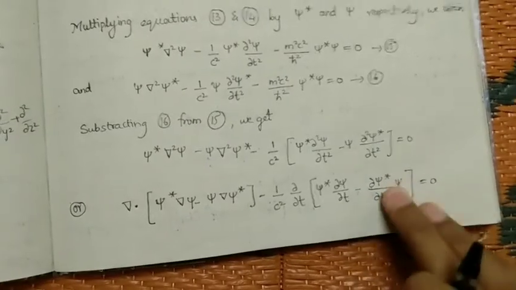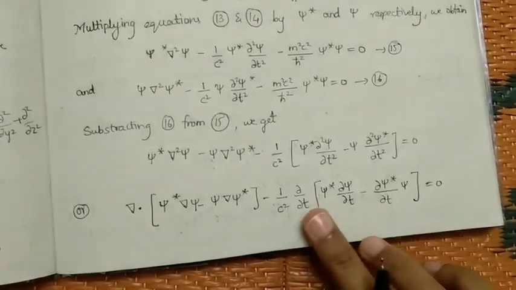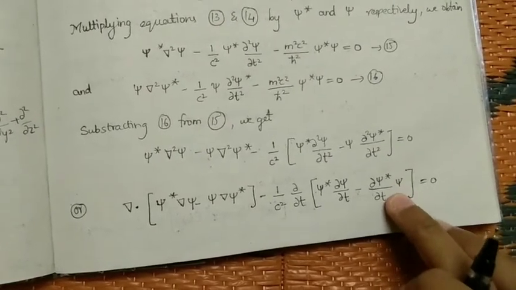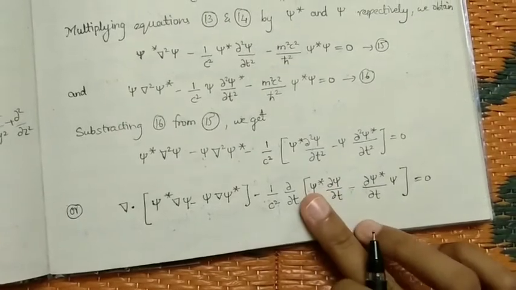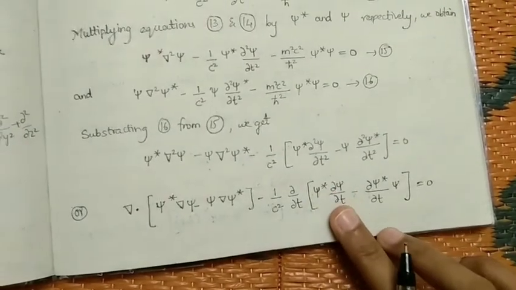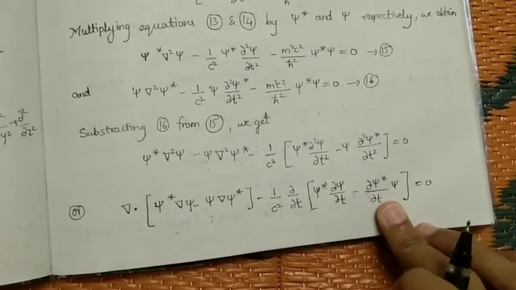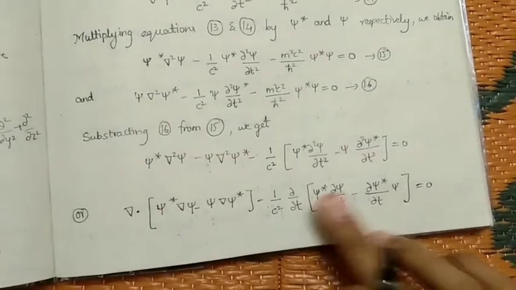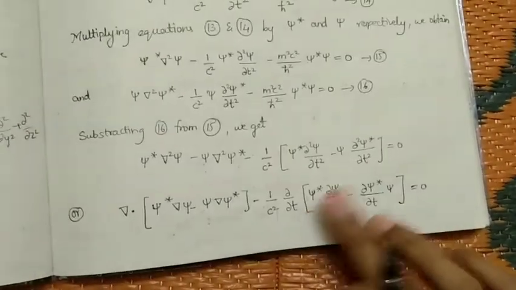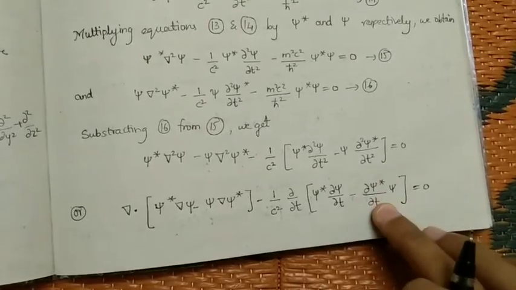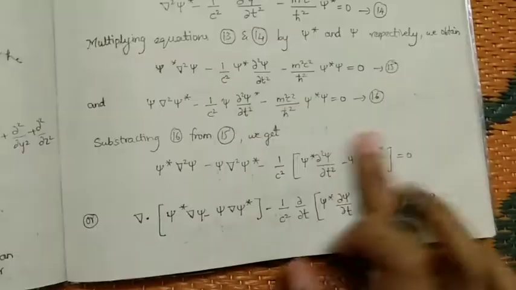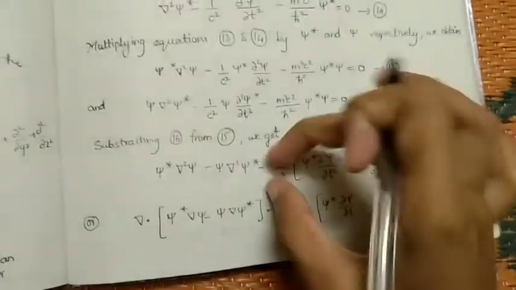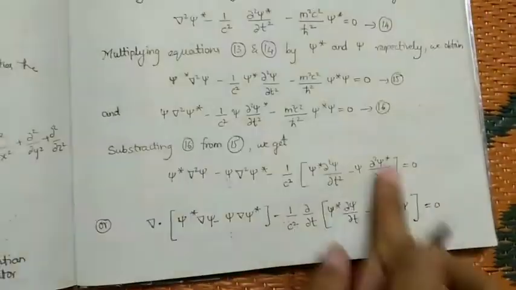And next, if we consider this term, minus ∂ξ*/∂t into ∂ξ/∂t, just as we have got here. Actually here we have ∂ξ*/∂t ∂ξ/∂t, and here it is the same, but here the term is plus and here the term is minus, so both of them would get cancelled. And the next term is minus ∂²ξ*/∂t² into ξ, that is nothing but this term. So this could be written in this form.